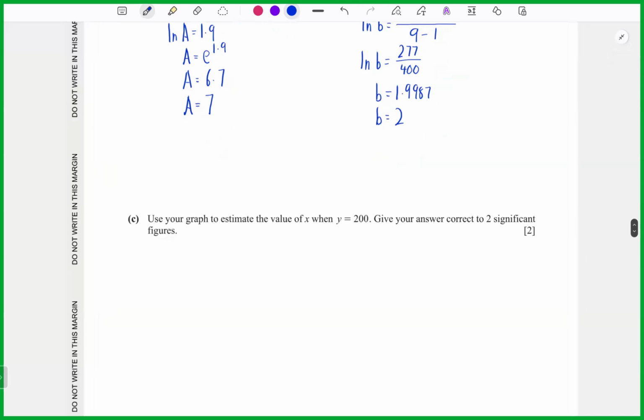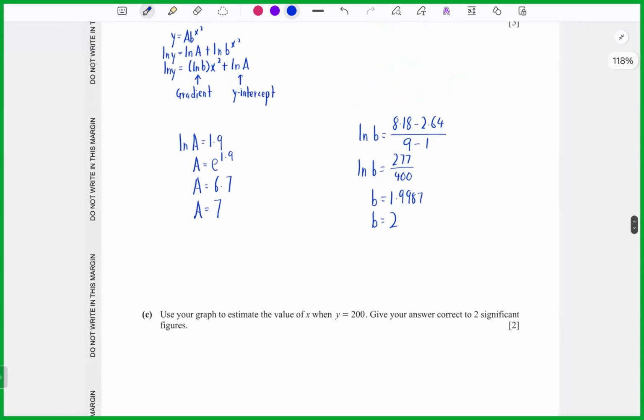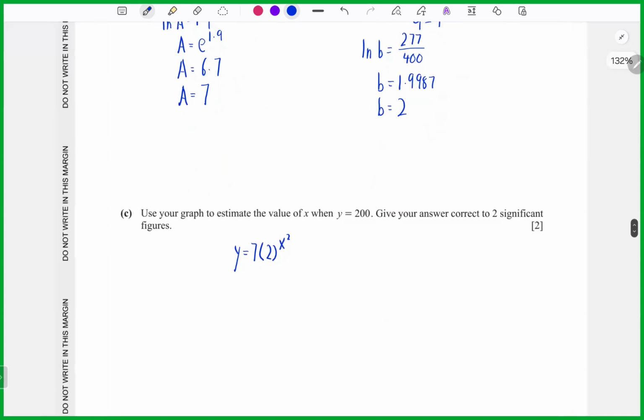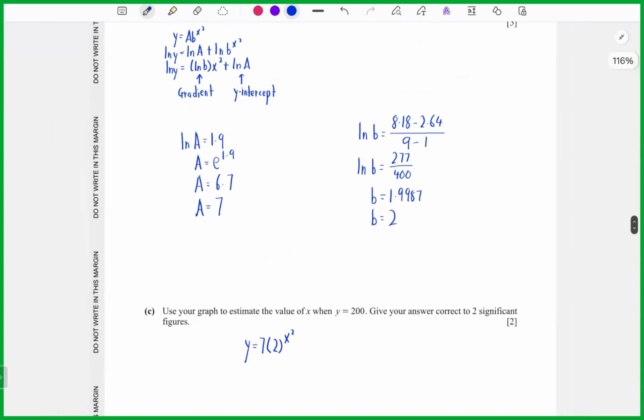Use your graph to estimate the value of x when y equals 200. Give your answer correct to two significant figures. Okay, so you can write here y equals 7(2)^(x squared), and then y is 200.